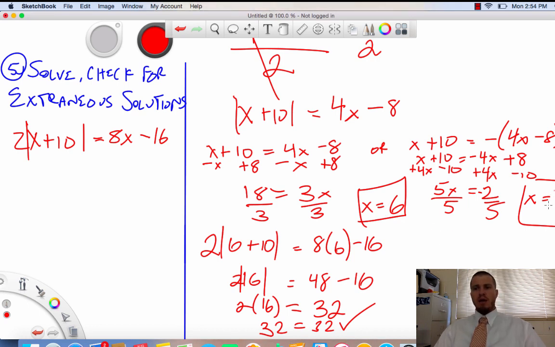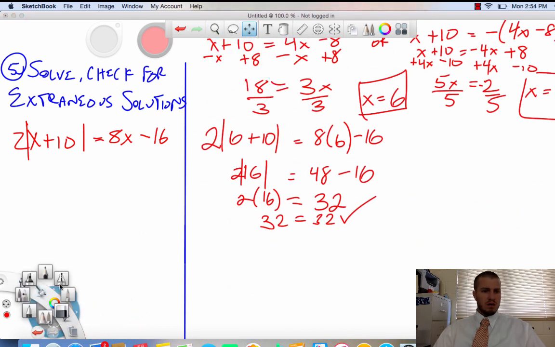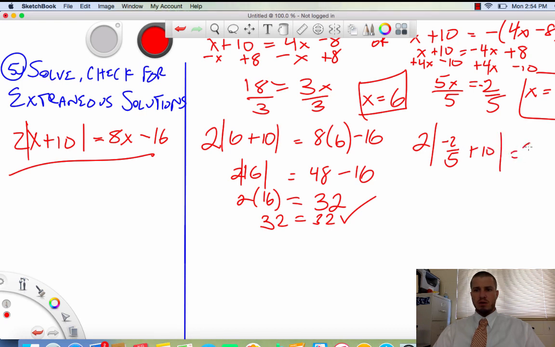When I plug in negative 2/5, this one is going to be fractions, so I'm going to go over some fraction work here. When I plug it in, you have to plug it back into the original, not into this part, but back into the original one. 2 times the absolute value of negative 2/5 plus 10 is equal to 8 times negative 2/5 minus 16.